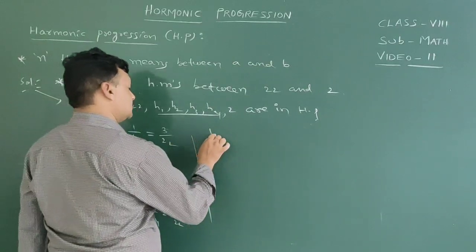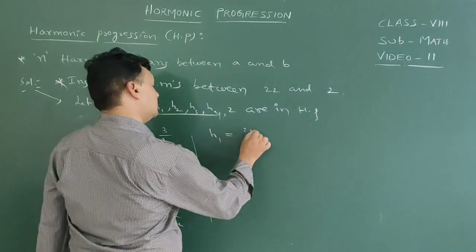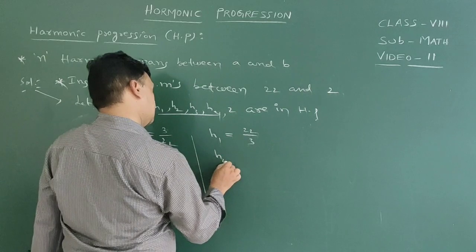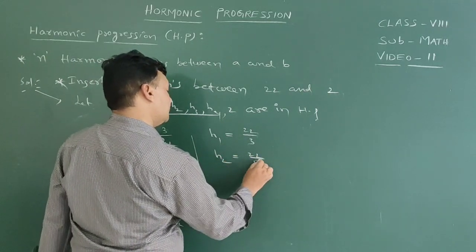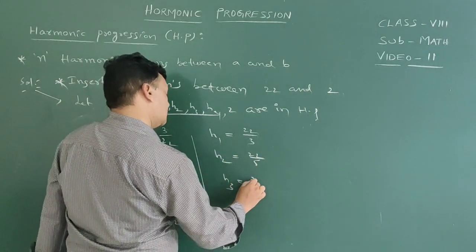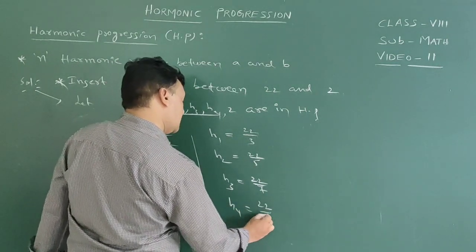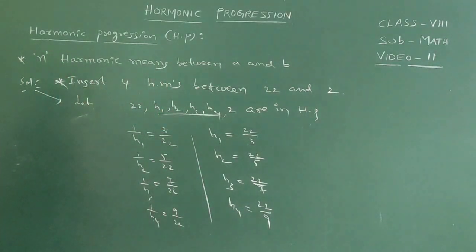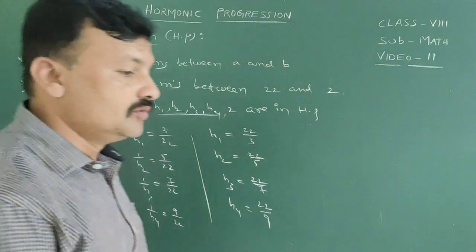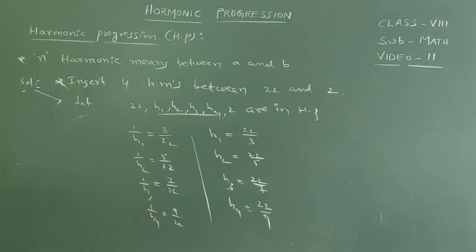The reciprocals: h1 equal to 22 by 3, h2 equal to 22 by 5, h3 equal to 22 by 7, h4 equal to 22 by 9. These are the required harmonic means.